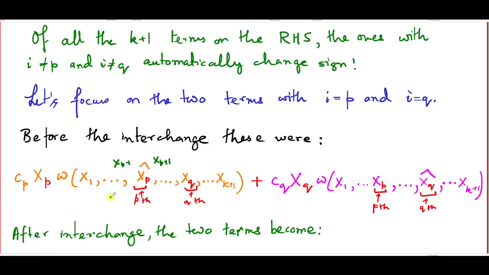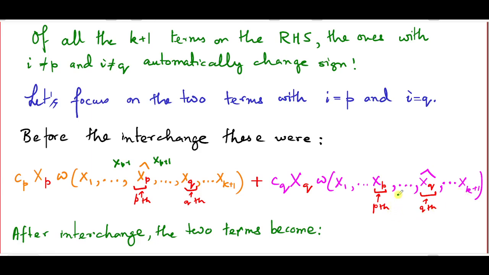In omega, on the other hand, because xp has gone missing before this position, this really is in the q minus 1th position. As far as the second term is concerned, there the xq goes missing, and it really goes missing from the qth position, because all the vector fields that were in d omega's argument list before that are still here. xp is very much in the pth slot, and the missing xq is outside, acting on the whole function obtained by the action of omega on these vector fields.